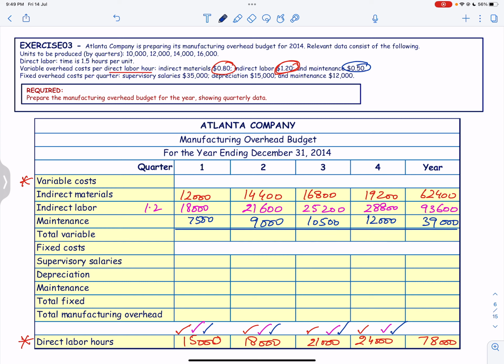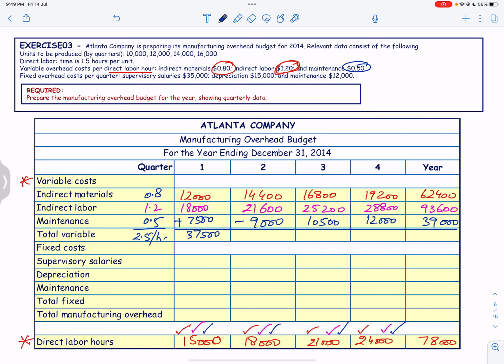So the total variable cost per unit, we have 0.8 over here, and maintenance was 0.5, is 2.5 per hour, and we can sum up this thing. The total is 37,500.